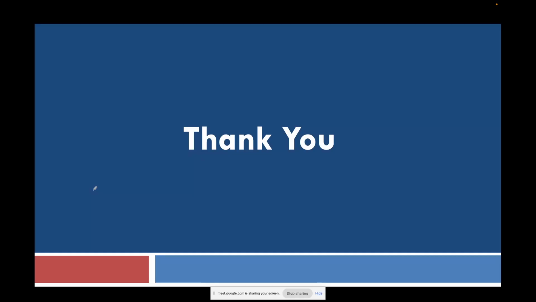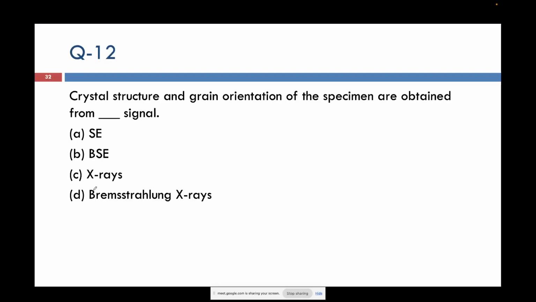I think this is the last question. Crystal structure and grain orientation of the specimen are obtained from which signal? Can anyone tell? Sir, B, BSE.